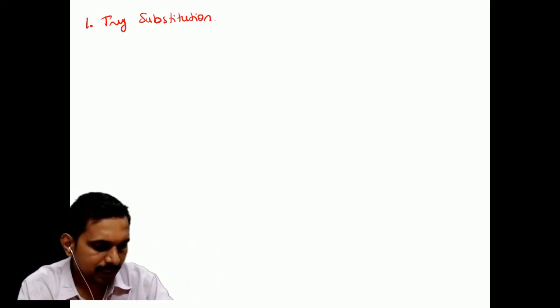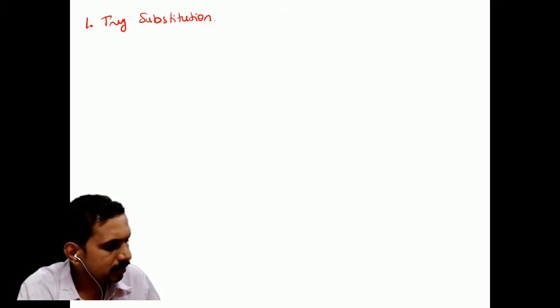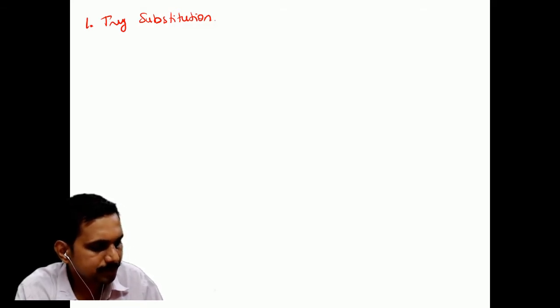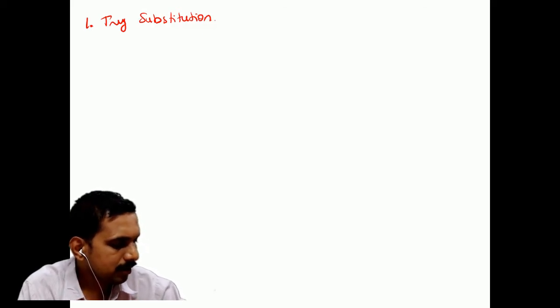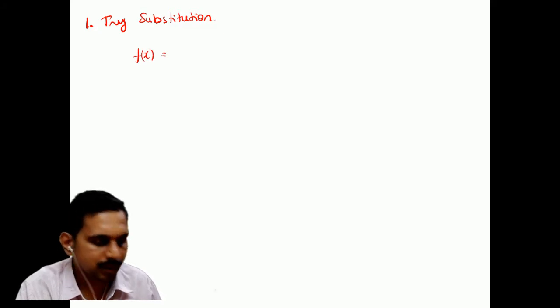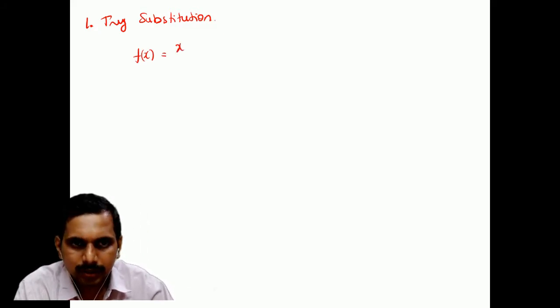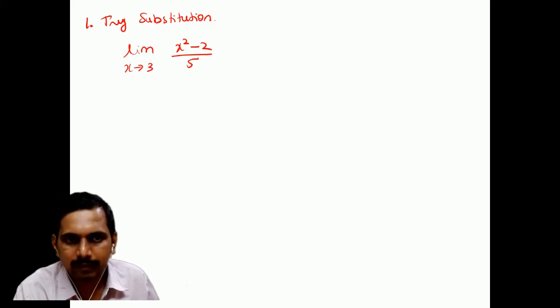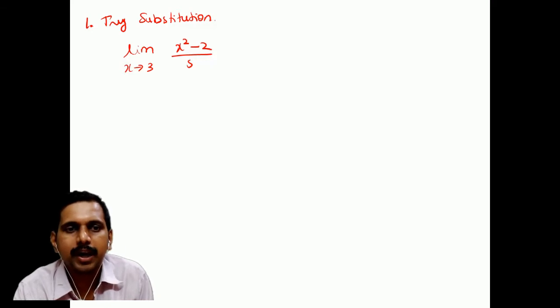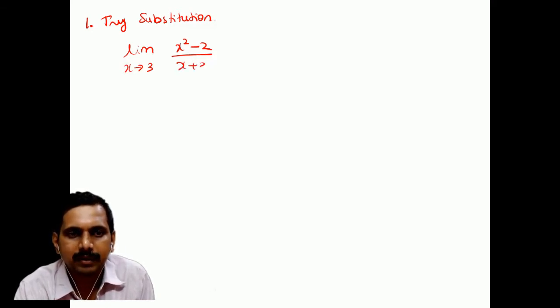For example, a simple one: f of x is equal to x square minus 2 divided by x plus 3, and limit x tending to 3.